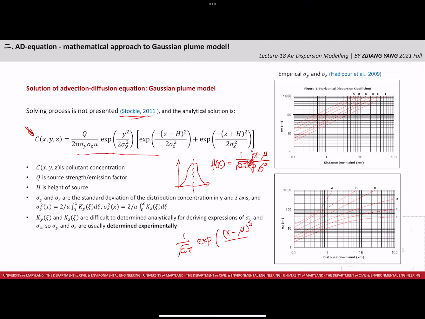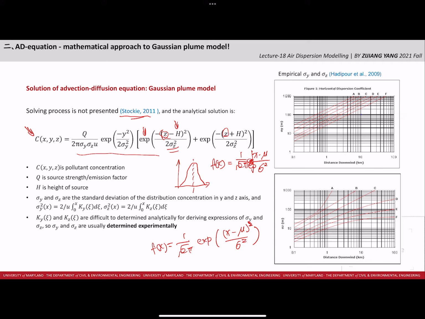I'm not sure if we have a square here, maybe not. For the normal distribution, we have something like this, and we can see that the pattern of the solution is pretty similar to the normal distribution. We have the exponential, and we have z, which is a variable, minus the height, and also the standard deviation. So basically, this shows a normal distribution.